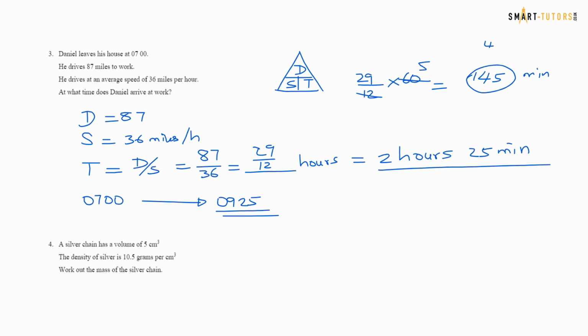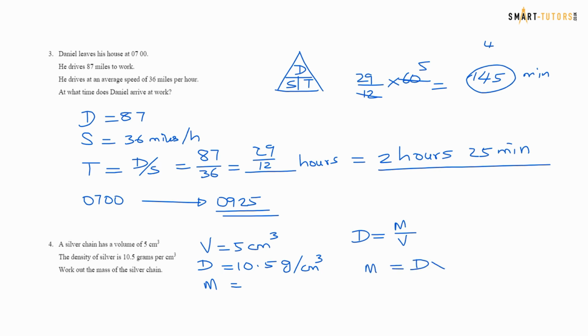A silver chain has a volume of 5 centimeters cubed. The density of the silver is given as 10.5 grams per centimeter cubed. The mass is the question. So density is equal to mass over volume. So mass equals density times volume.